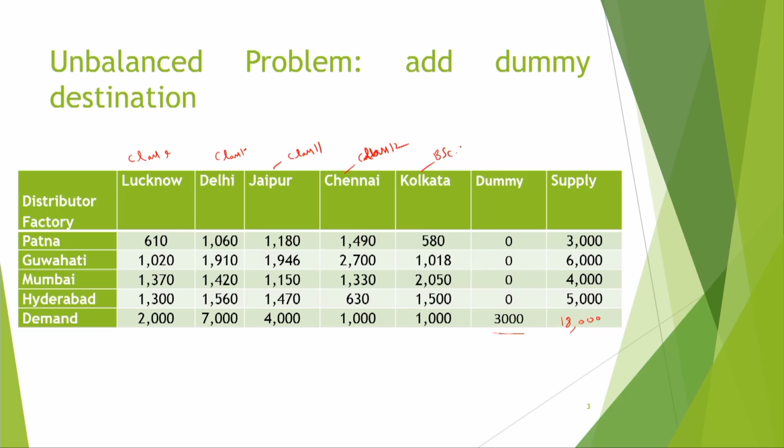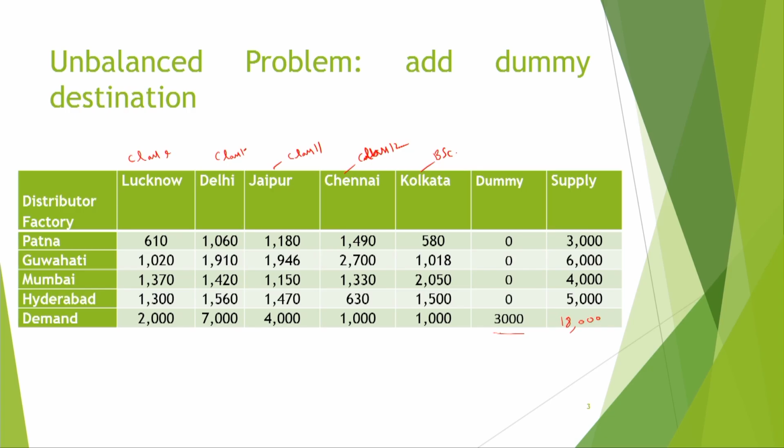It is known which coaching is suitable for which class to what degree, so you can put some rating. You can say that if class 9 boys are assigned to coaching at Patna, then the rating is about 610 something. Class 10 boys, if they are assigned to this one.